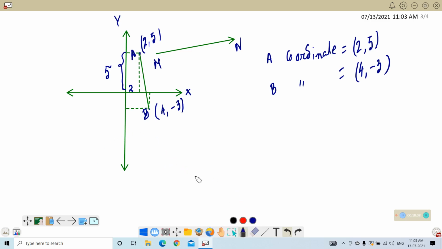So we can write here, this is minus 3 from O to this point, and from this point to this point, this is equal to 4. Okay, this point is 4, this point is minus 3, this point is 5, and this point is 2. All 4 points are denoted here.